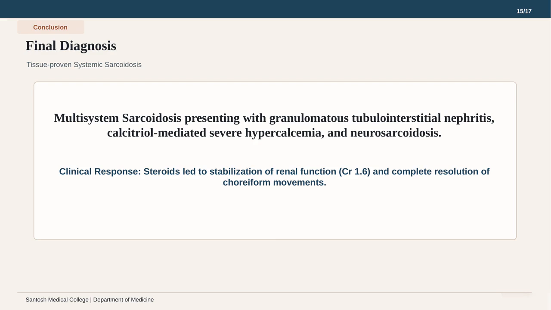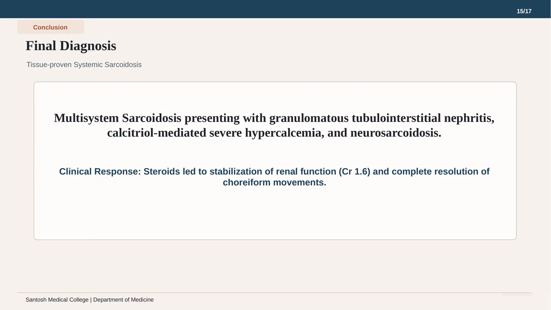After initiating steroid therapy, the patient experienced a dramatic stabilization of his renal function, with his creatinine dropping down to 1.6. Even more remarkably, the treatment led to the complete resolution of his choreiform movements, proving they were indeed neurological manifestations of sarcoidosis rather than just metabolic encephalopathy.